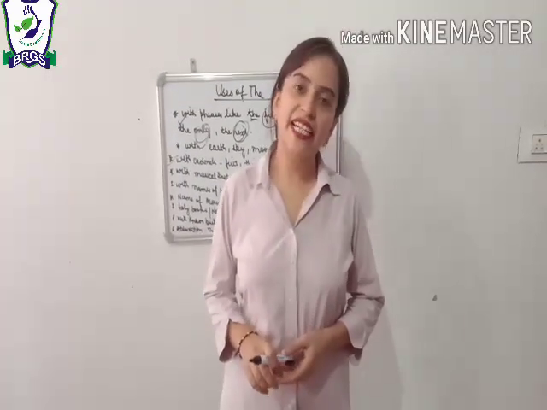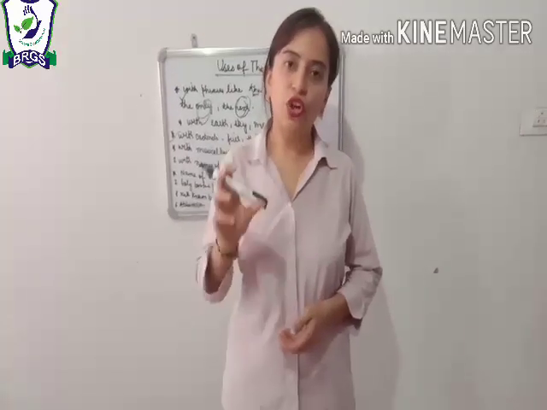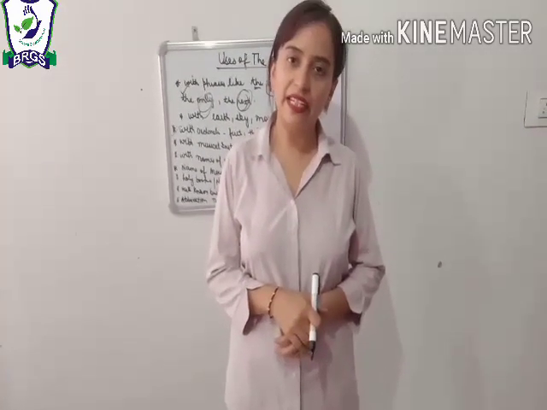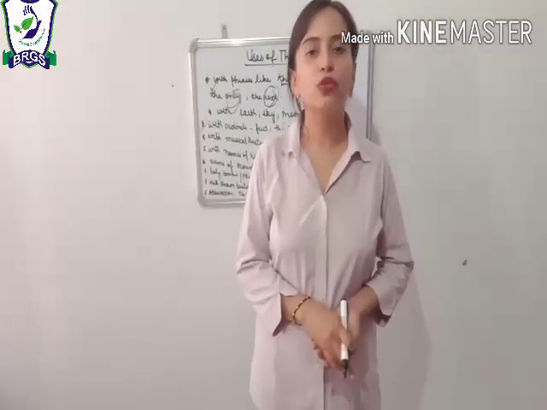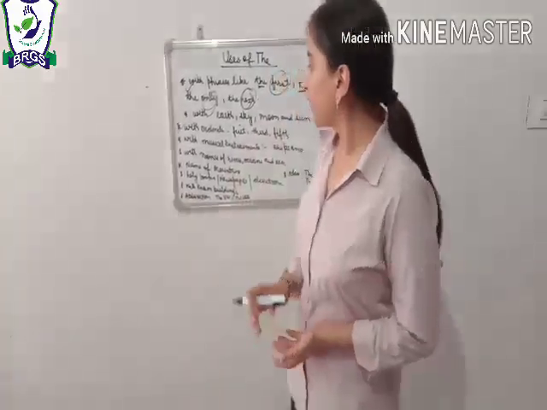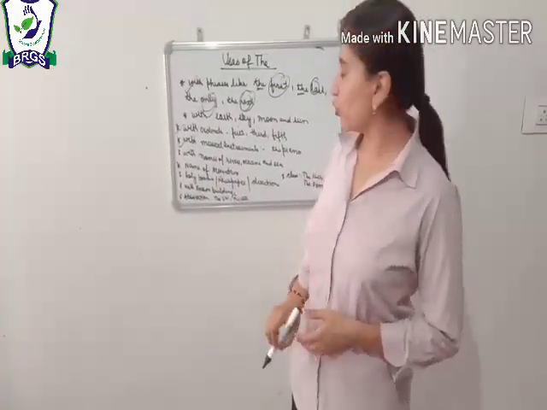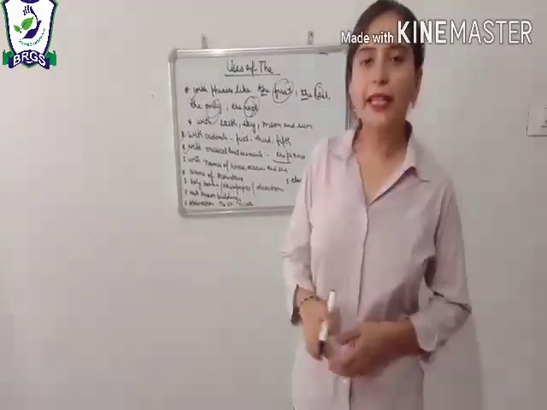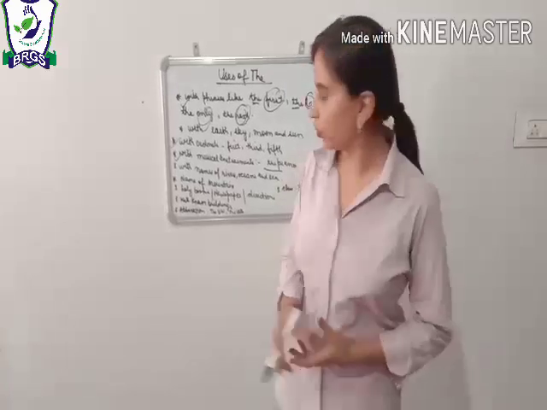Like, she is the tallest girl in the class. Tallest here is the superlative degree, and before the superlative degree we use the article the. And with musical instruments we use the. Like, he plays the piano, I play the flute.